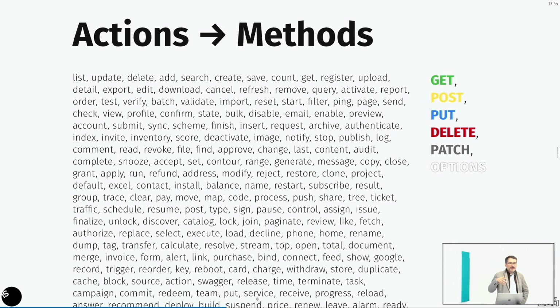So this is one of the grand problems of API design, using HTTP as a protocol. How do you go from the action that you want to do to the verb that should somehow be used in the API?